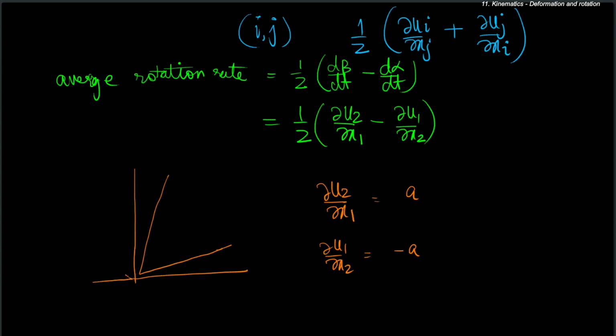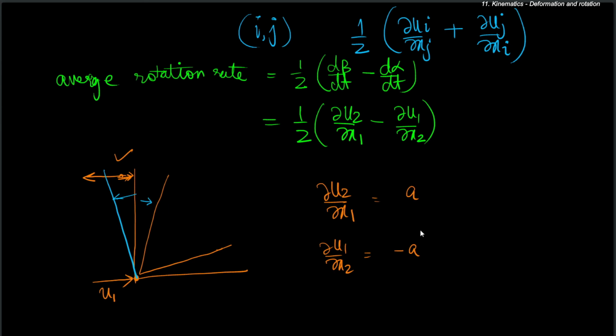The velocity at this point, if it is u1, the velocity at this point will be something less. So because the relative velocity of this point with respect to this point will be this small velocity minus the large velocity, it will have some net velocity in this direction. So instead of the element trying to rotate like this, it will try to rotate like this.